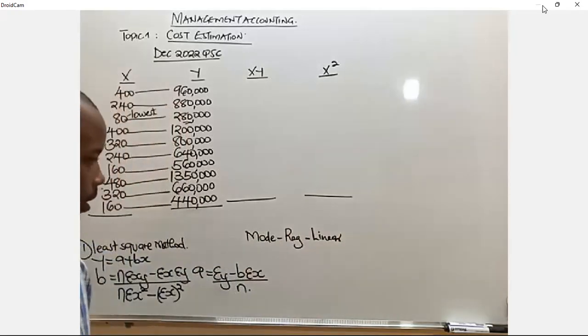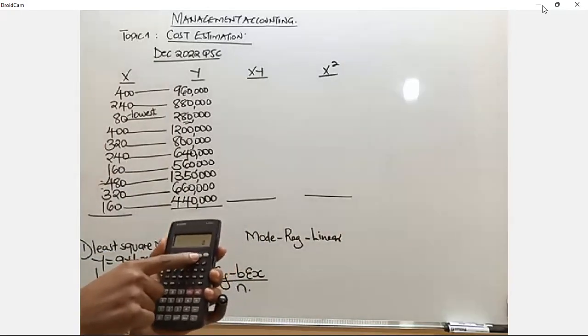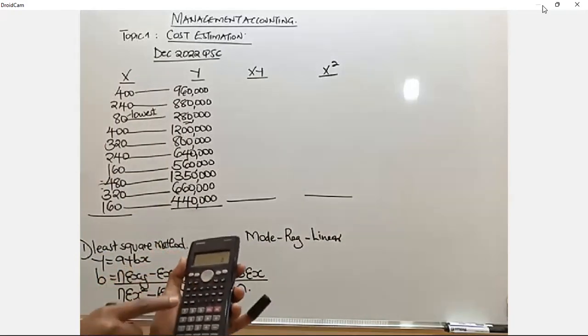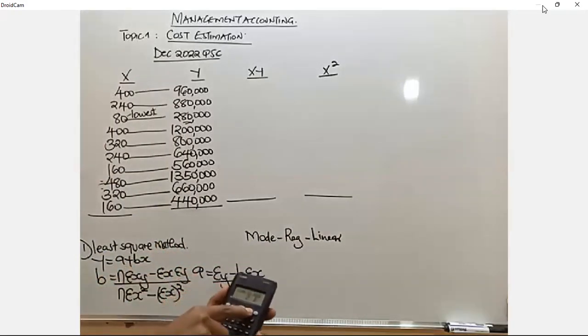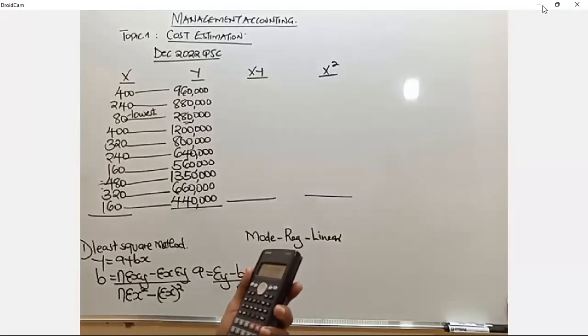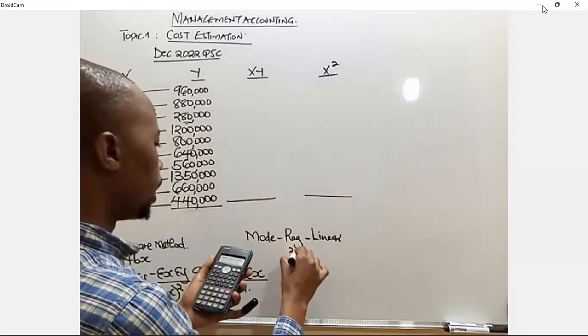So I'll be able to show you how. When I press my mod here on my calculator, it displays three things: comp, SD, and reg, which is under Roman number 3.